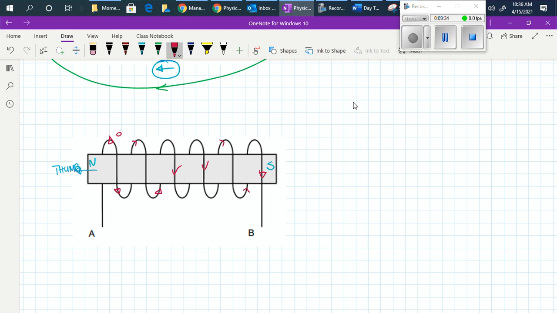So the electrons are moving from A to B, while the current is moving from B to A.